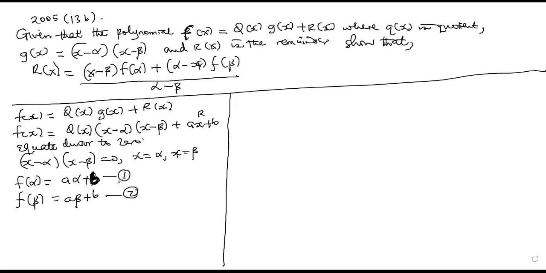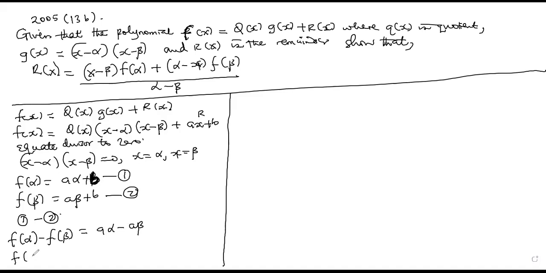I call this one my equation 2. By subtracting, the way we do simultaneous equations, we get equation 1 minus equation 2. You're going to have f of alpha minus f of beta is equal to b and b will go, so I have a alpha minus a beta.